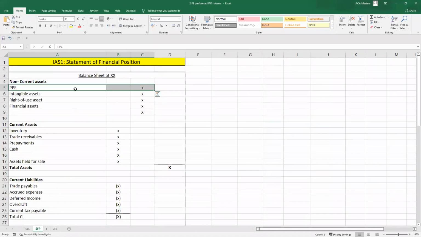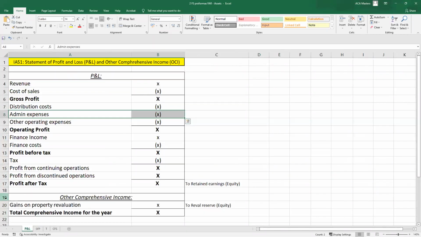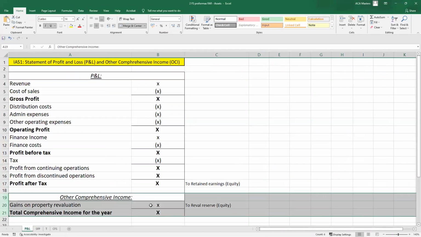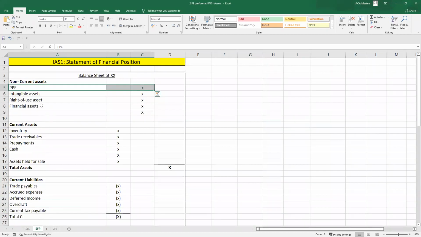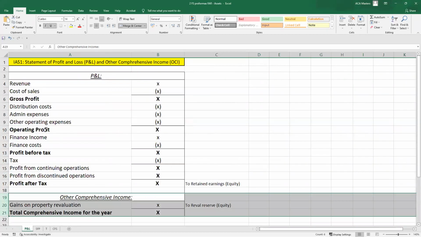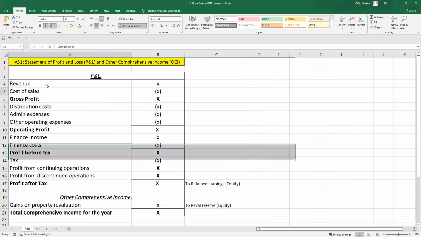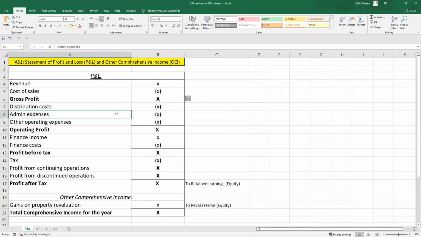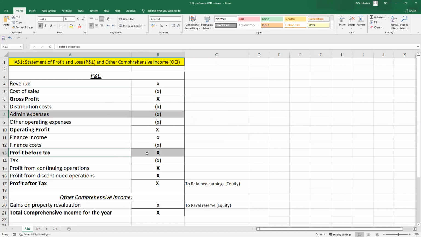So actually, the impact of revaluing your property is that all of the benefit, the increase in value, went through the OCI. Because you've got the higher asset amount, you're going to have higher depreciation, and depreciation is recorded in the P&L. So the impact is that profits are going to be lower because you're going to have more depreciation.